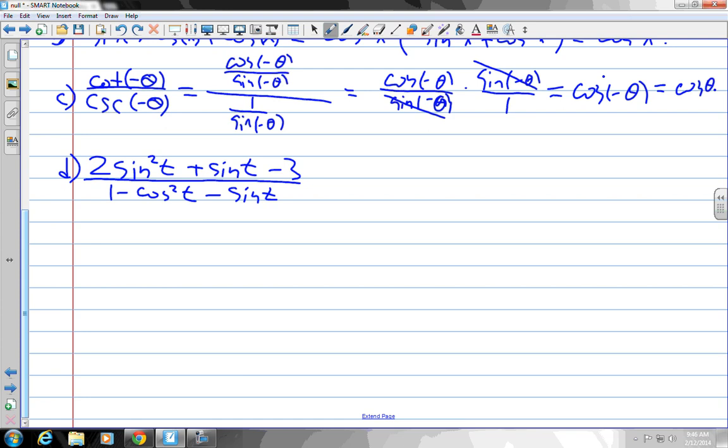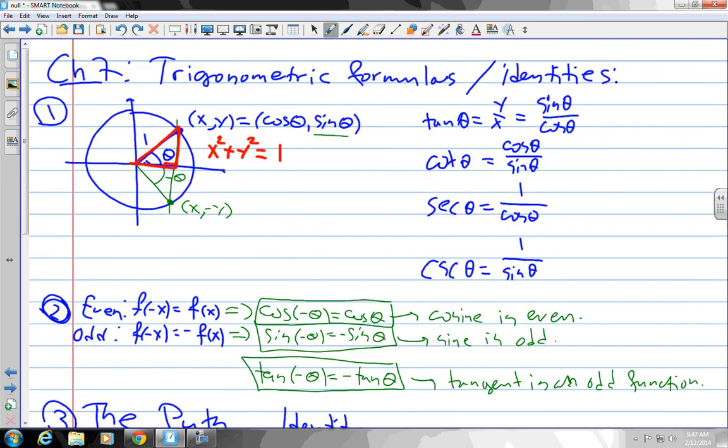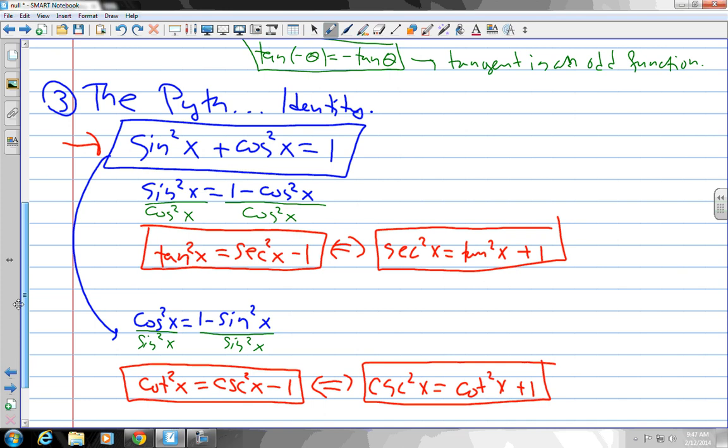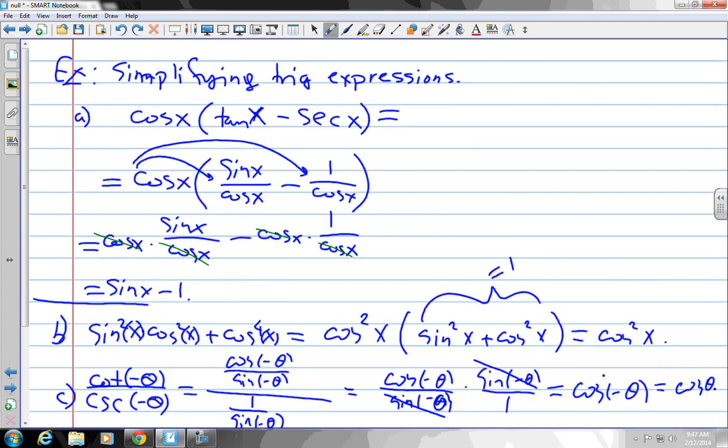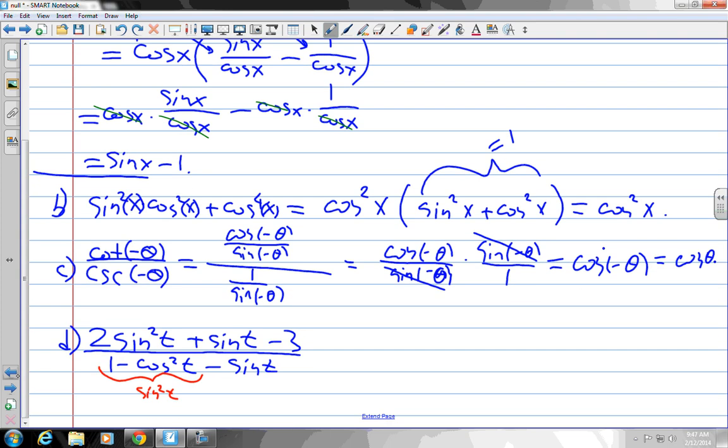Sometimes you see everything is sine, sine, sine, except for one cosine, right? Sometimes it's beneficial to convert everything in terms of sine and see what happens. Based on what we wrote above, 1 minus cosine squared is sine squared. That's part of your big identity, right? One minus cosine squared is the same as sine squared, so we can always do that. So actually, we're very lucky here.